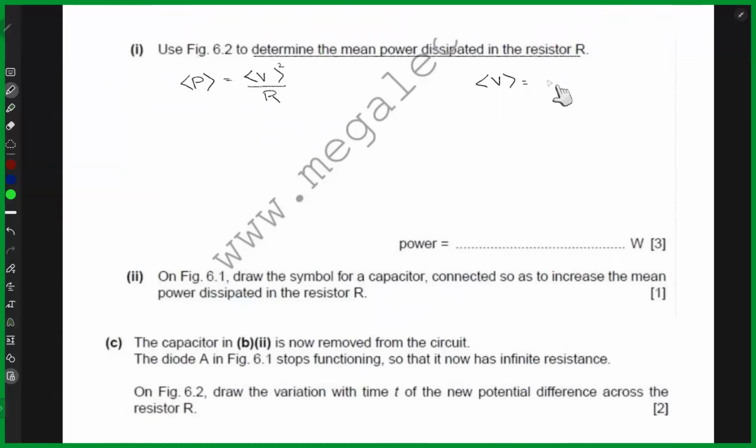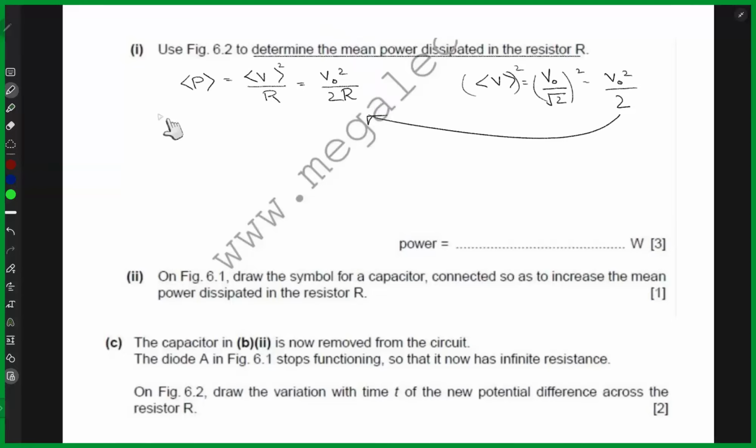Mean voltage is the peak value of voltage over under root 2. But now if I square this, then there is a square over here, which becomes V0 square over 2. So let's put this back in your equation. You get V0 square over 2, that's the mean squared voltage, and then divided by R, so you add that R over here.